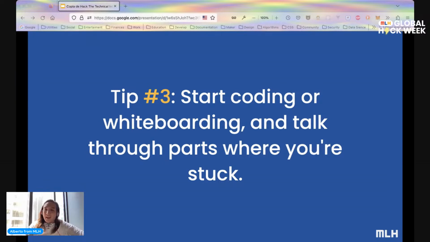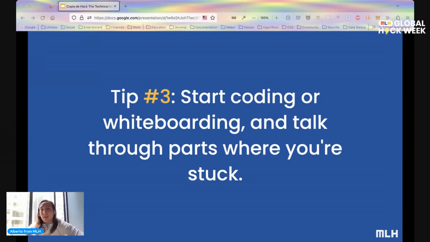Technical interviewers know things that they can't share with you, but you don't know them. For example, you can say, I'm stuck on this, and there's a possibility they can say to you, oh yeah, you're forgetting this function that helps you resolve that, or this variable does not go along with this other type of variable.